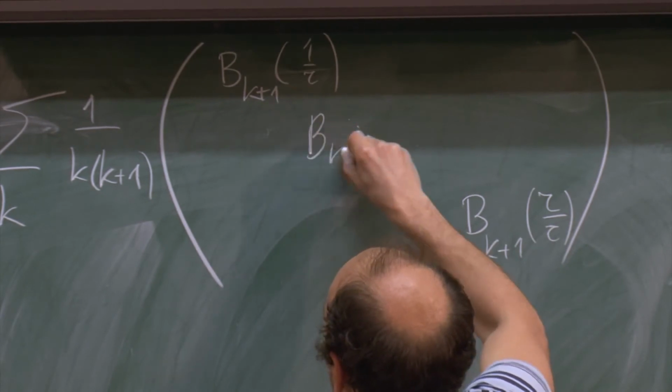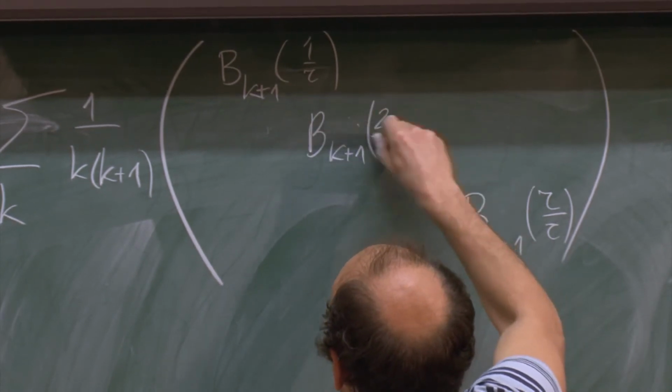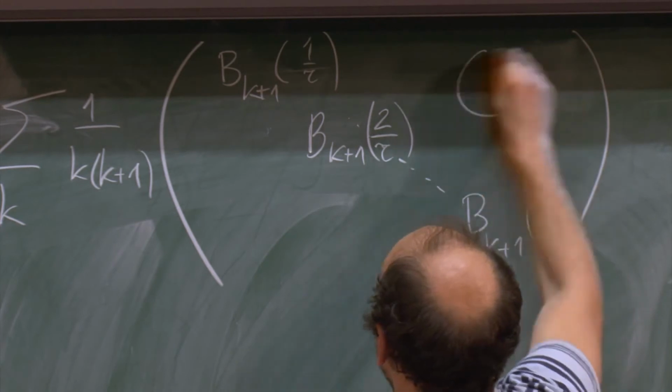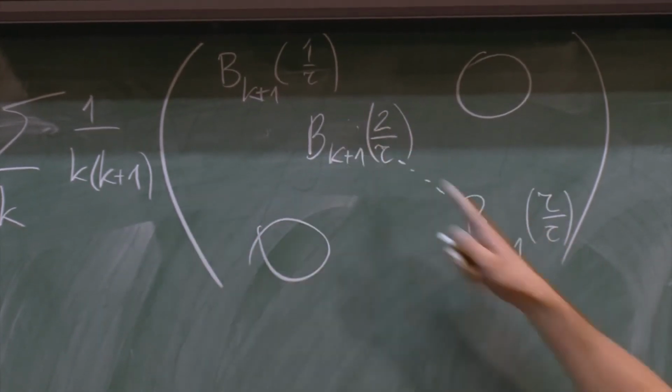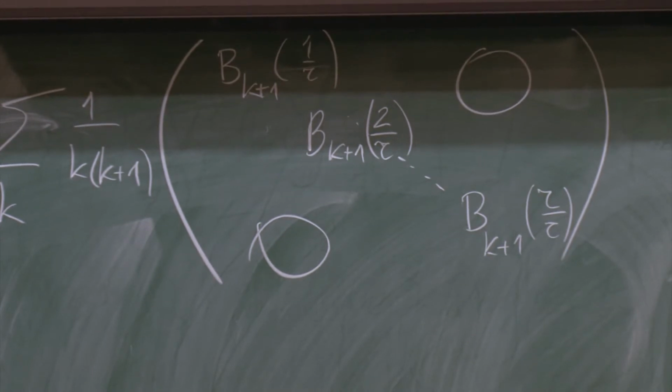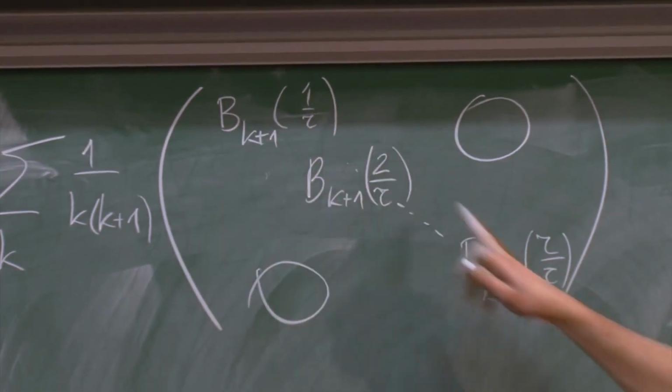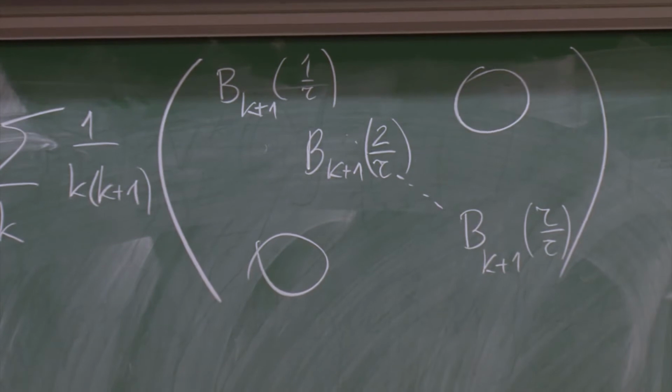Let me write one more term, B_{k+1} of 2 over r. So it's a diagonal matrix. And here you have the Bernoulli polynomials, and you take the values of the Bernoulli polynomials at the rational points with the denominator r.